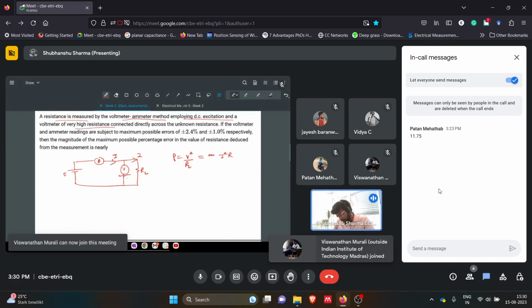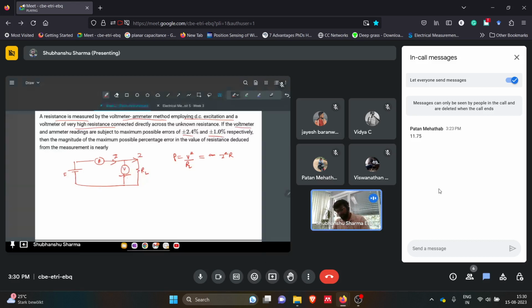So they are saying the voltmeter reads 2.4% and the ammeter reads 1%. So we can also say that the power across this load will be VI, and the maximum possible percentage error in the value of resistance deduced from the measurement is nearly.